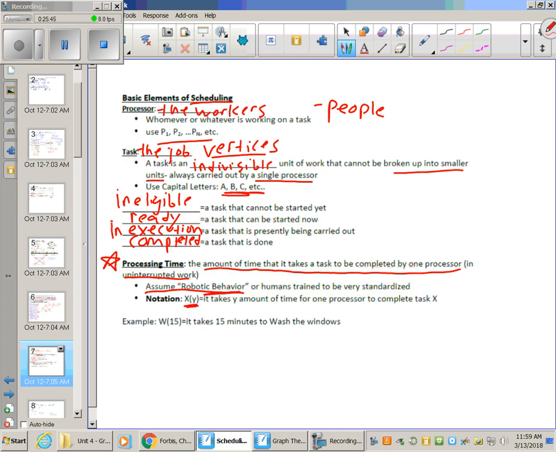The first letter is the task itself, and the number in parentheses tells you the amount of time it takes to do the task. So it takes Y amount of time for one processor to complete task X. That's how you read that. Here's an example: W(15). This means it takes 15 minutes to complete washing the windows, where W represents washing the windows. Let's keep that in mind when we get to our scheduling basics.